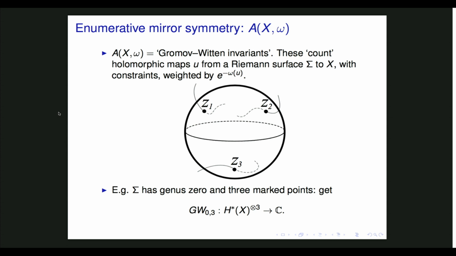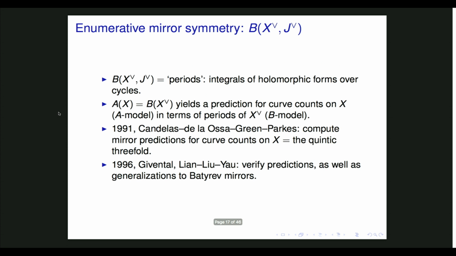So that's an example of a Gromov-Witten invariant.